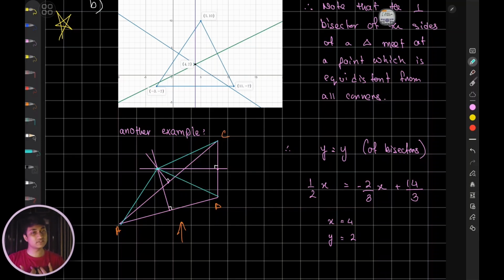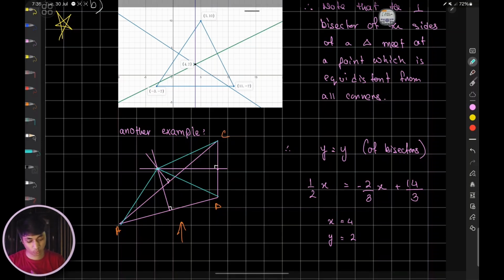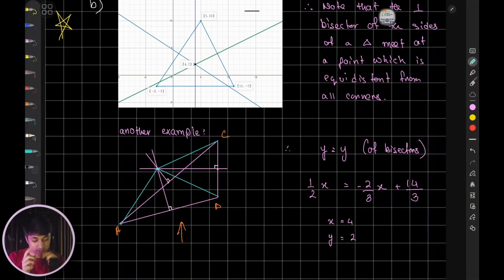If you do not believe me, take a scale and measure the distance from this white point, or the equidistant point coordinate, till the vertices of the triangle, that is A, B, and C, and you will see the distance is exactly the same. So that white point is nothing but the equidistant point from which all the sides, sorry, all the corners are going to have the same distance, right?